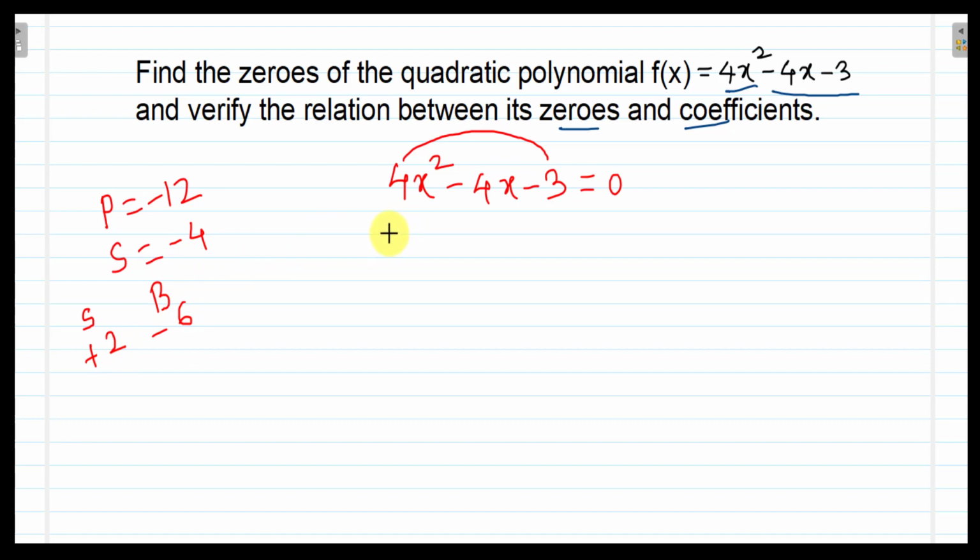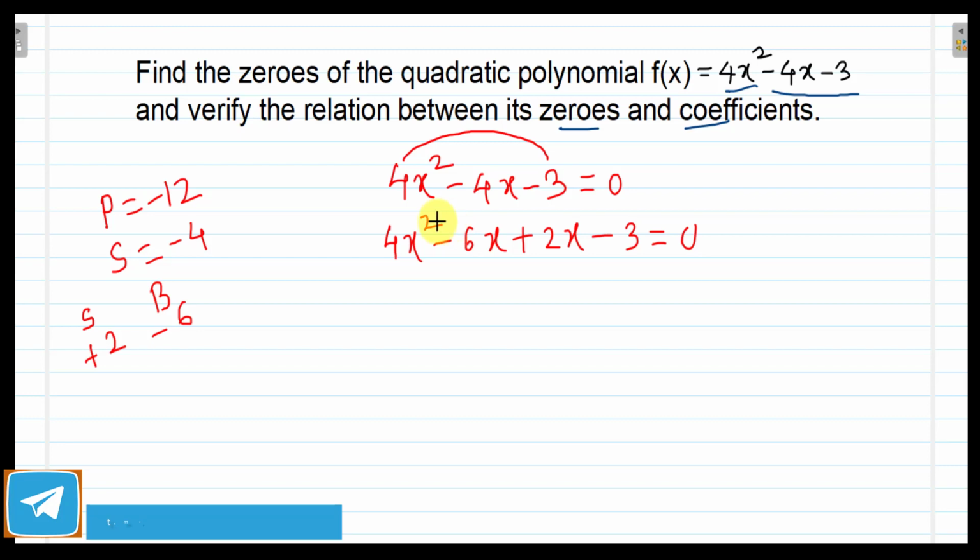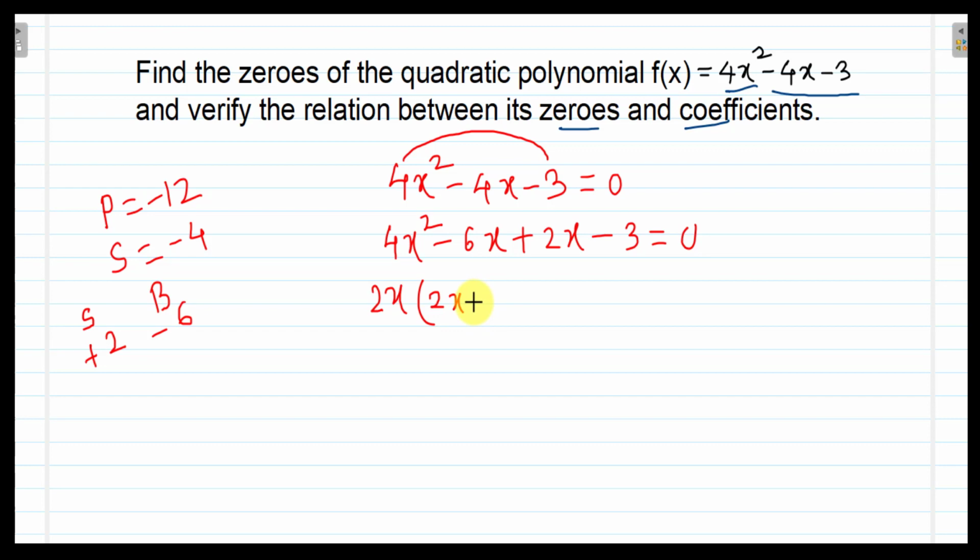So split the terms: 4x square minus 6x plus 2x minus 3 is equal to 0. From the first two terms we can take out 2x as a common factor, so inside the bracket it will be 2x minus 3.